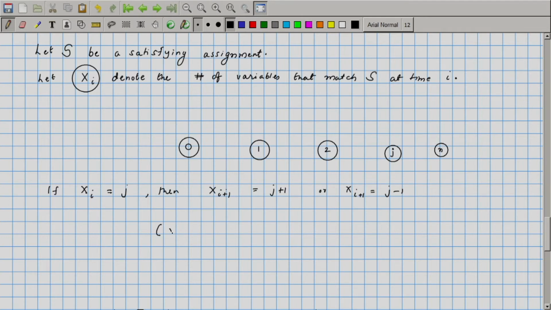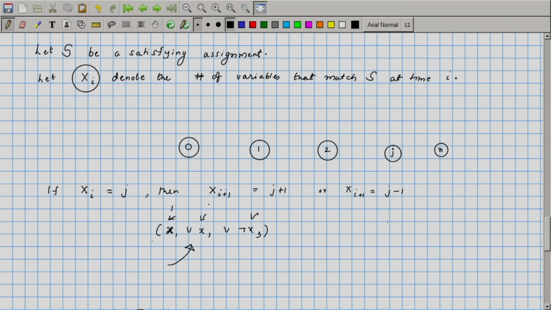So, let us say this is a clause, x1 or x2 or not x3. Only j variables match the satisfying assignment, therefore there is one particular clause which is unsatisfied. In that clause, you look at the values of the variables.